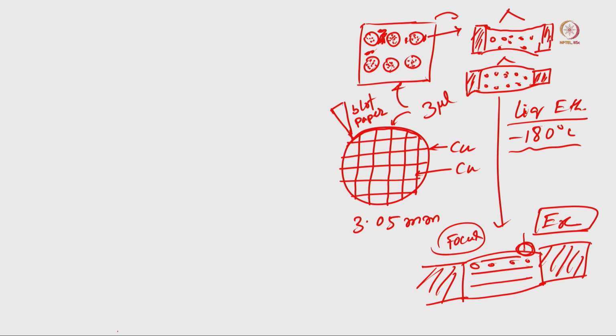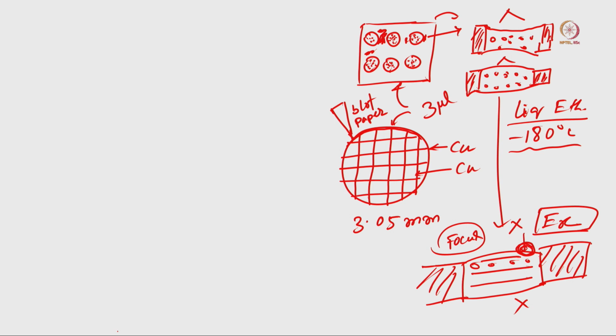Your electron dose has high energy, it will start melting this entire ice and give a thermal drift also, and your sample will be exposed before you collect the data during your focus. That is a problem. That is the reason we cannot focus within this ice.